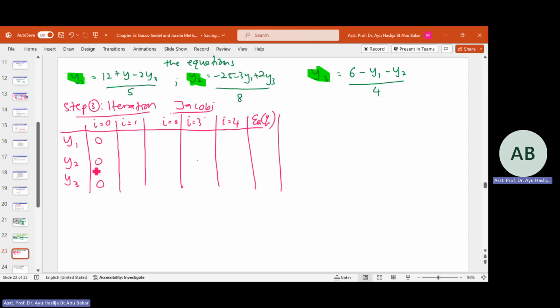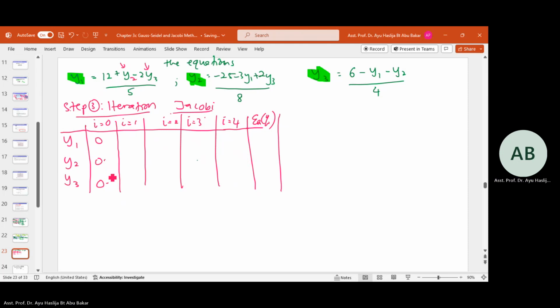It says values from the previous iteration are directly used in the next iteration, meaning that for the first iteration, to calculate Y1, you use this Y2 and Y3, 0.